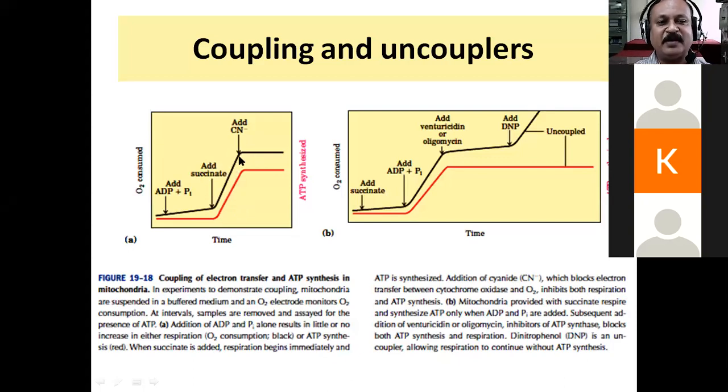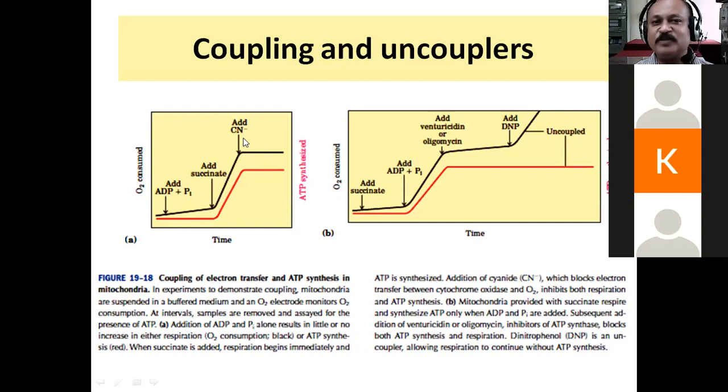Now in this experiment, what we are going to do is add an inhibitor of the electron transport chain. So here we are adding cyanide. Can you see that? At this particular point of time, you can look here on the x-axis, whatever that time may be, arbitrary unit, we are adding cyanide, and the moment we add cyanide, the electron transport will be blocked.